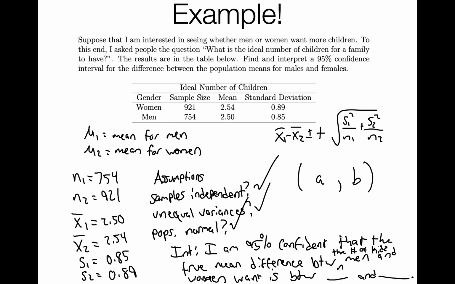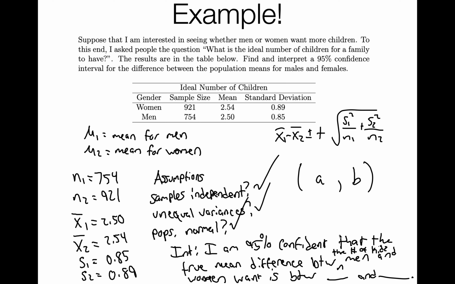Okay, so hopefully that makes some sense. The interval is talking about the difference, the true difference, or the difference in population means between the number of children that men and women want.